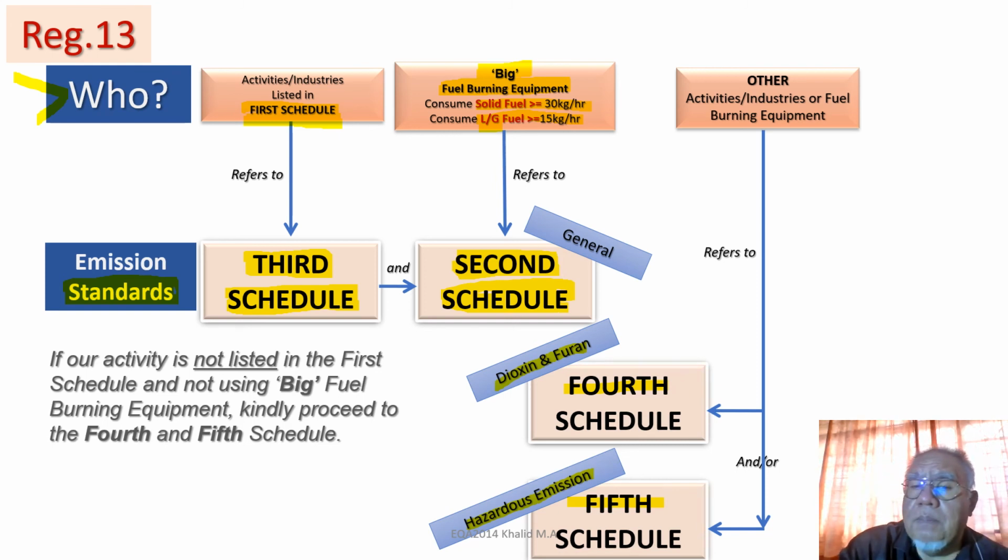Another example is when the industry is other industry, not listed in the first schedule, and they just use a small boiler, genset or oven. Then the boiler, genset, and oven, the smaller version, will have to comply to the fourth schedule and fifth schedule. And the emission of air pollutant from their industrial processes also has to conform to the fourth and fifth schedule.